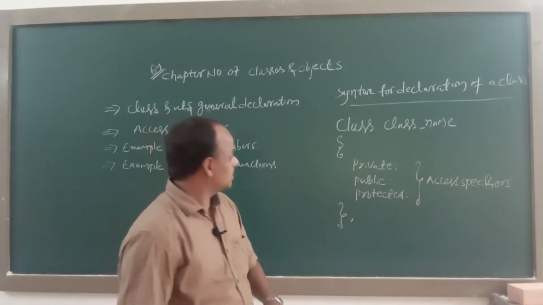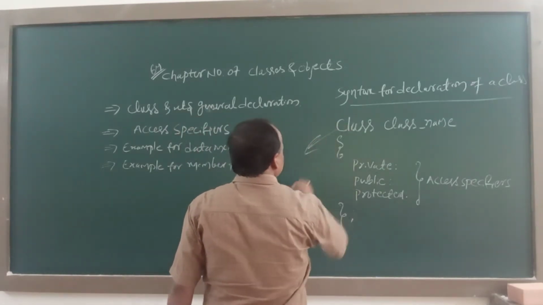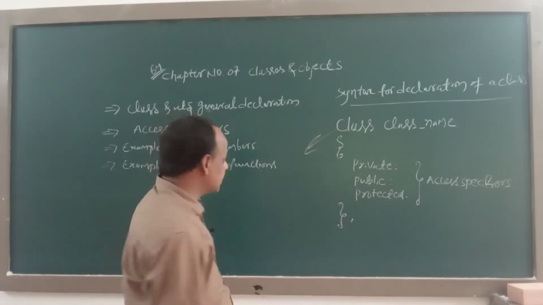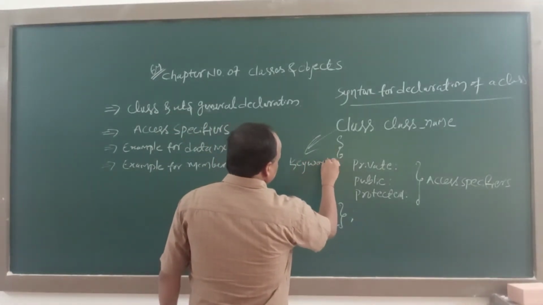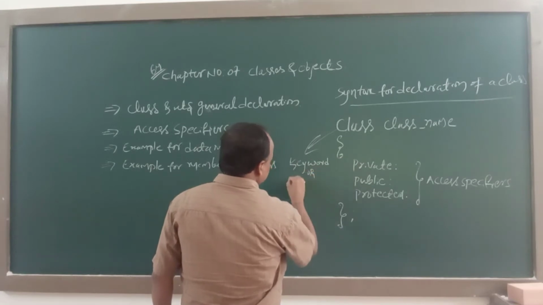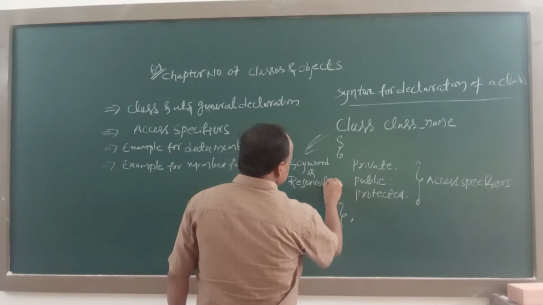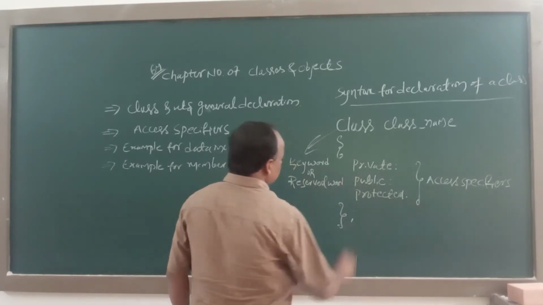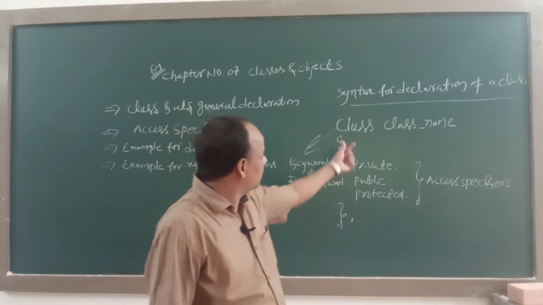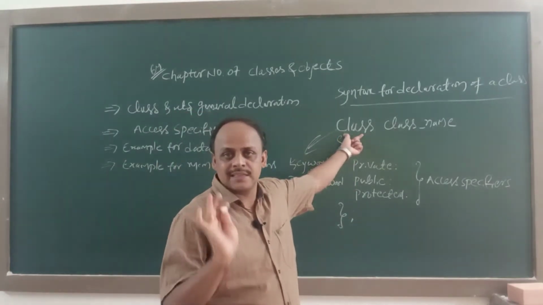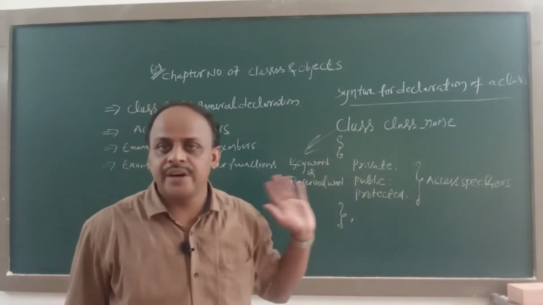See here, what is class? It is a keyword, or we can say a reserved word, right? So for every class declaration we first have to write a word called class. It is a keyword, means it is a predefined word.